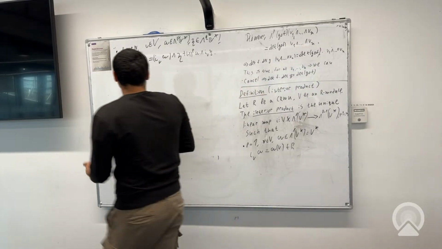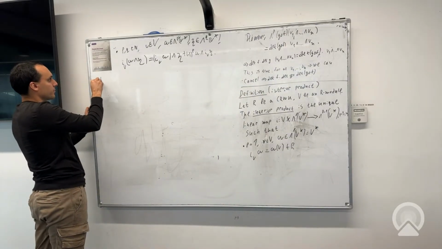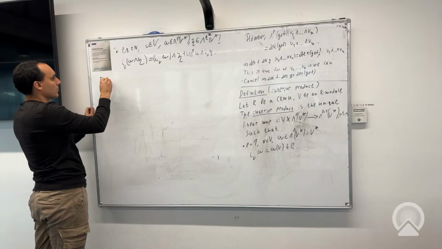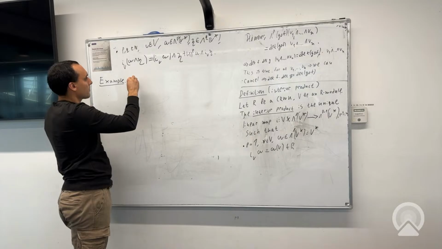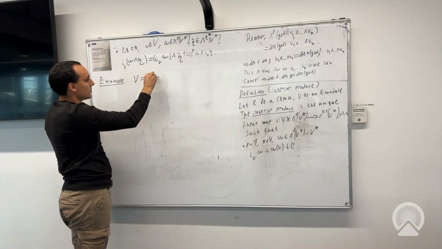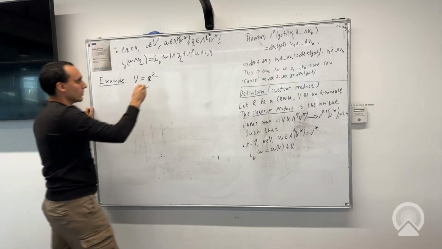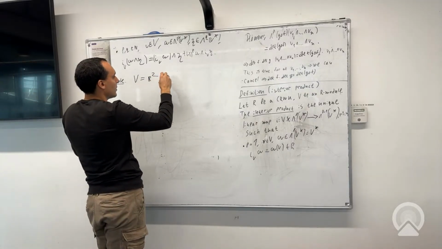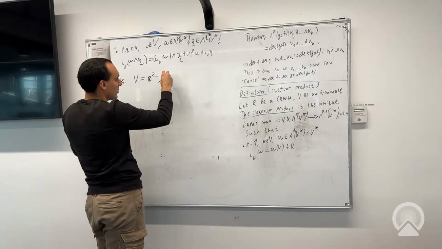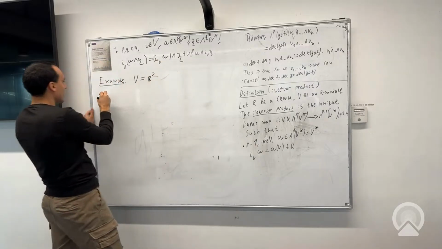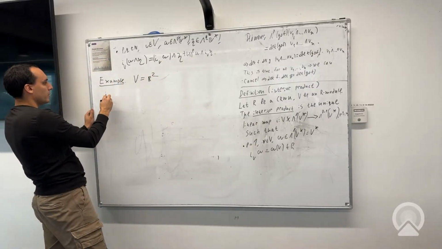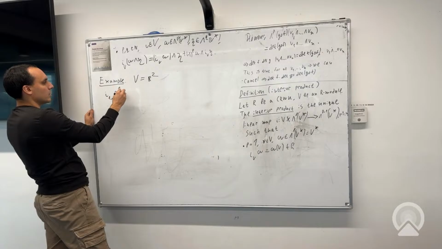Let's give an example. Let's say, again, I have the basis, so I will not write. So I have i of e1 applied at e1.